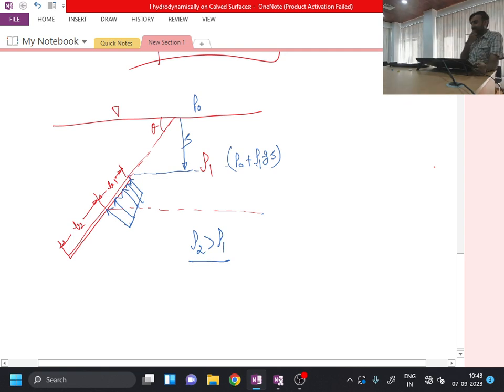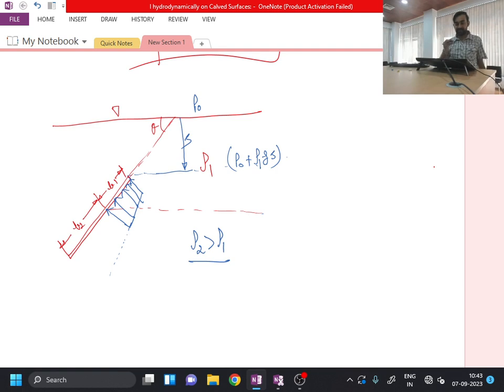But what will happen after this point? After this point pressure will also be increasing, but the older rate of pressure increase was like this. After this point, the density of the fluid has changed. Now density is not rho 1, but rho 2. So this rho 2 g s quantity will give a larger rate of increase with depth.